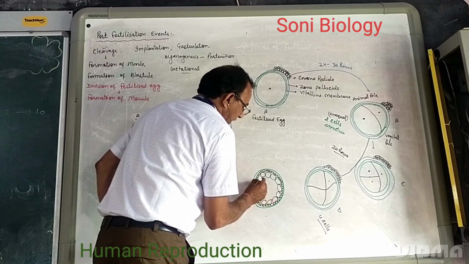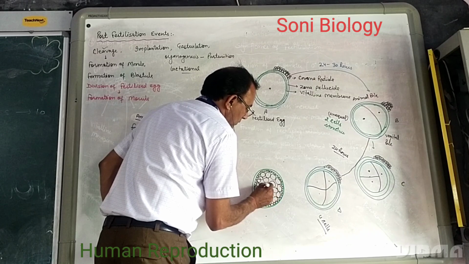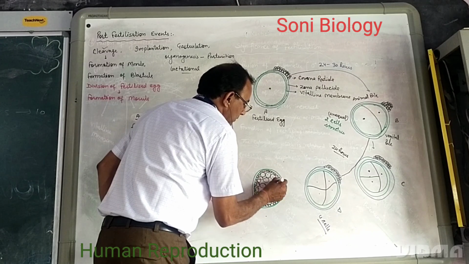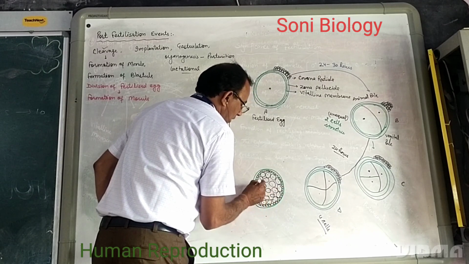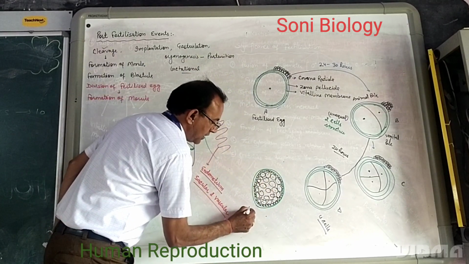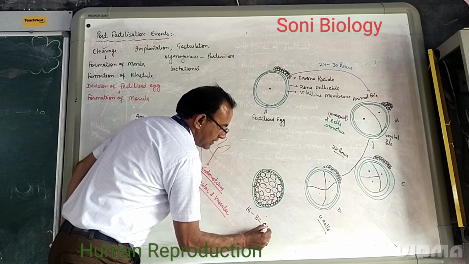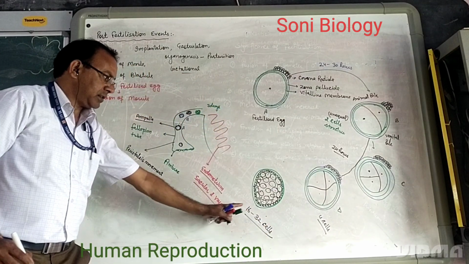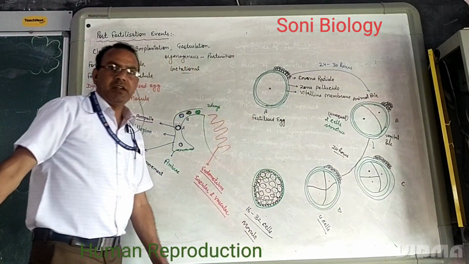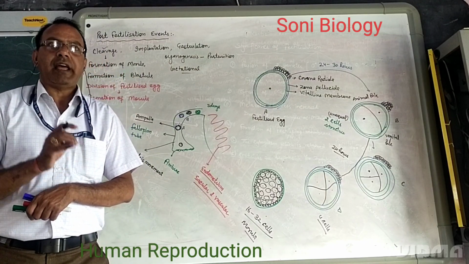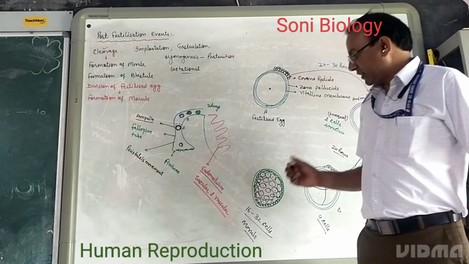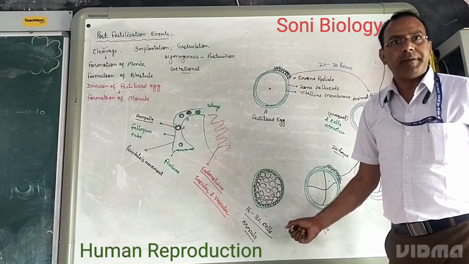The fertilized egg which contains 16 to 32 cells, this structure is called morula. It means when the fertilized egg divides into 16 to 32 cells, this structure is called morula.